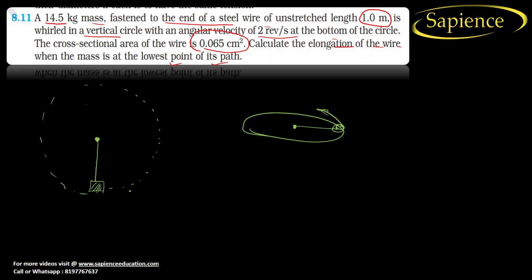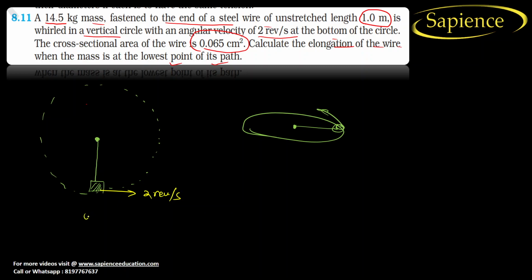At the bottom they have an angular velocity of 2 revolutions per second. This means that in 1 second it will move 2 times, it will create 2 revolutions.